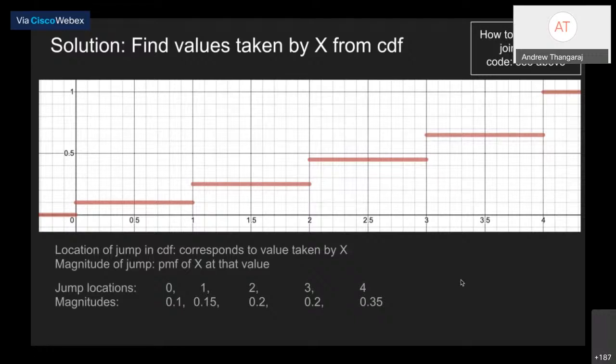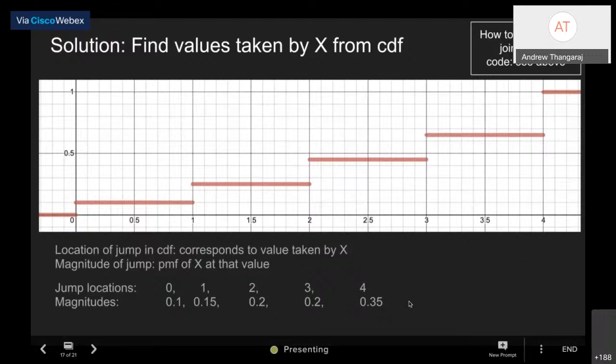From 1 to 2, it will be everything below 2, so you add up the probabilities of 1 and 0, and you get 0.25. This process is an important and basic skill that you should have. It's like addition and subtraction. You should be able to go from CDF to PMF and PMF to CDF. You should know the jumps, and it's very easy to do in that fashion.